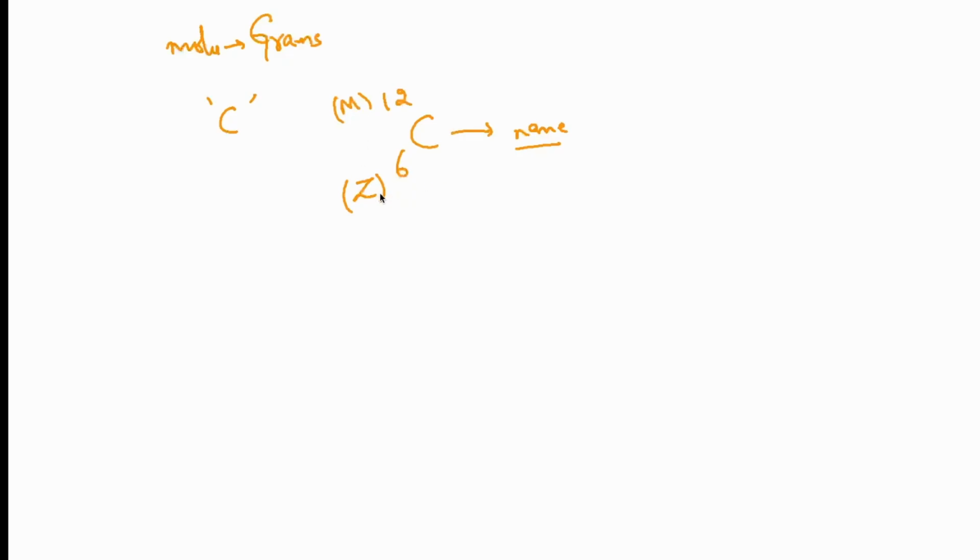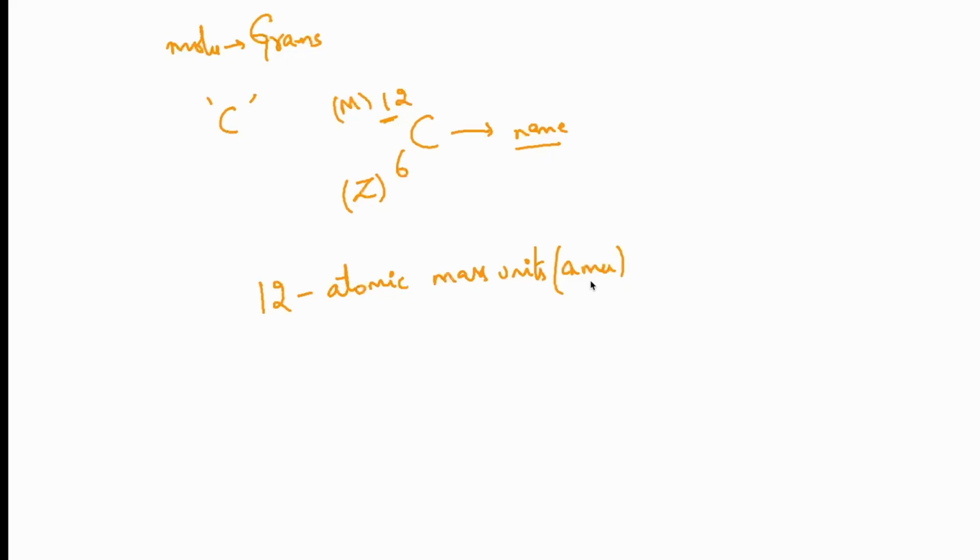The atomic number gives us the total number of protons present in the nucleus, while the mass number is a combination of both the protons and the neutrons. This number 12 is called the atomic mass units or AMU.